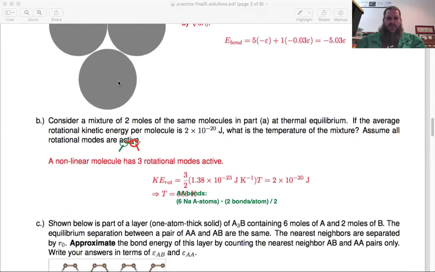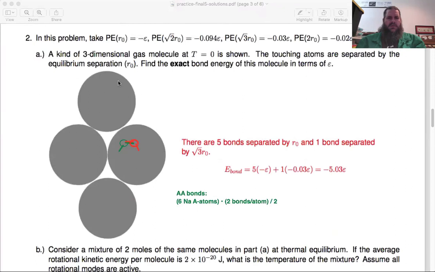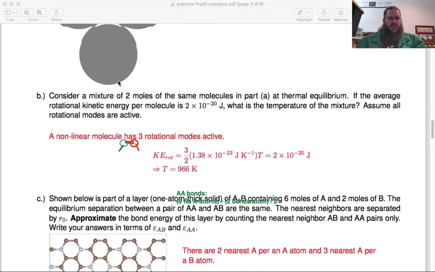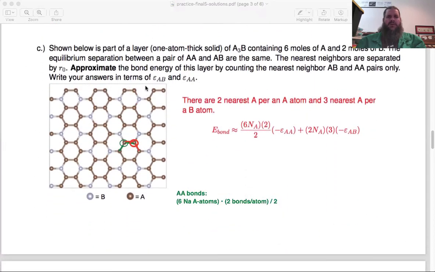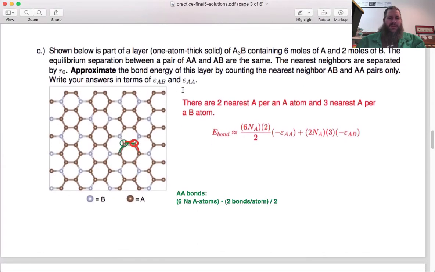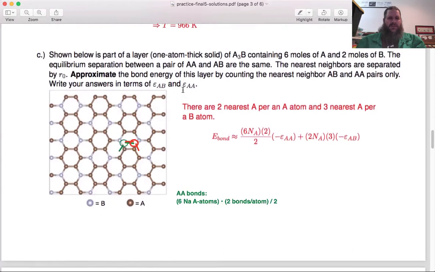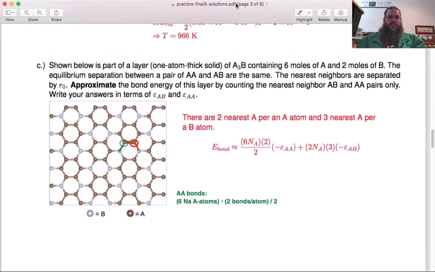Where was it? Did it tell us about A's and B's here? Oh, write your answer in terms of epsilon AB and epsilon AA. So we actually can just leave it in terms of that as a variable. Let me copy that.